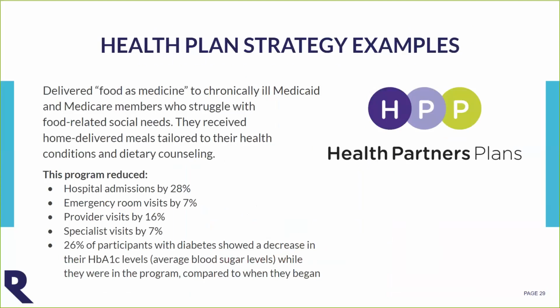They're going to actually go through and figure out what types of food will help improve their health. And very pleasantly surprising, this program reduced hospital admissions by 28%, emergency visits by 7%, provider visits by 16%, specialty visits by 7%, and it obviously showed a decrease in their A1C levels.